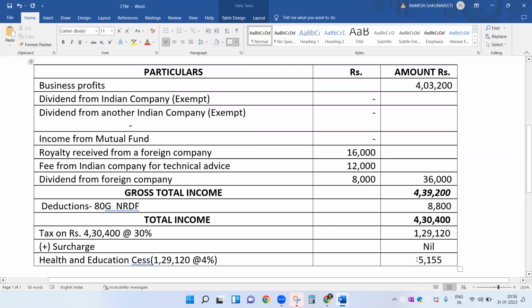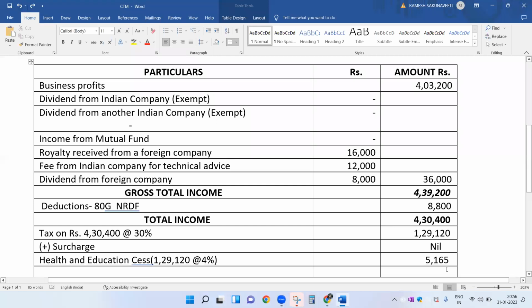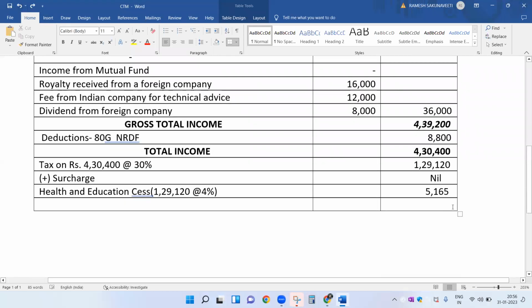Sir, it's 164.8, not 155. So 165. Okay. Now you add both of these, 1,29,120 and 5,165. What is the amount? Sir, it's 1,34,285. 1,34,285. Is it correct? Yes, sir.